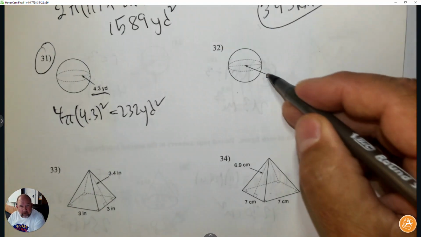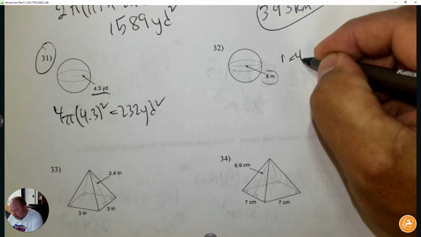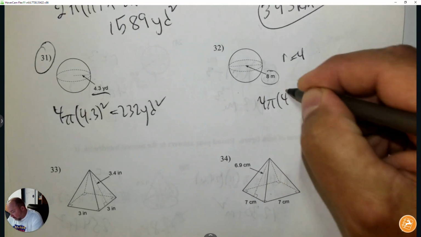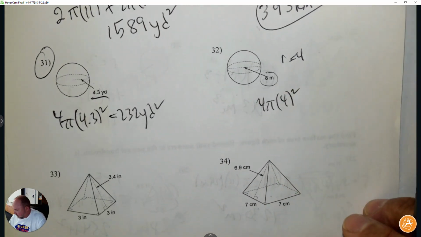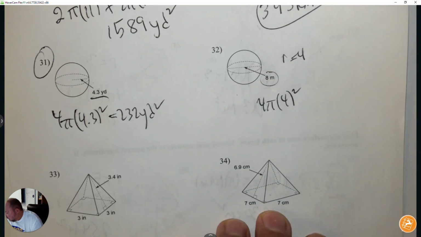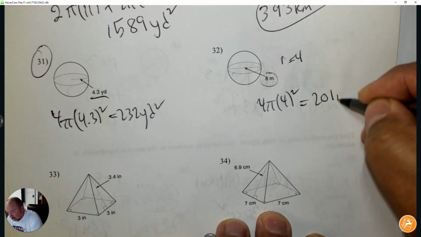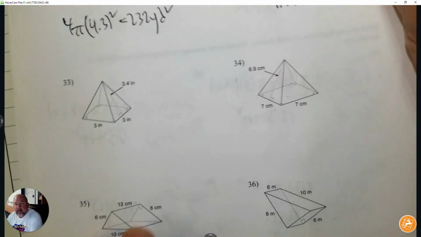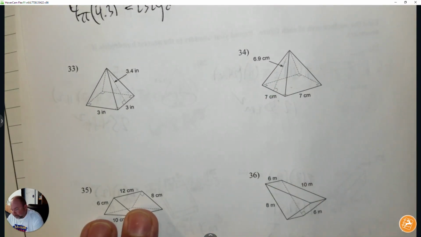Here, it goes all the way across, so the radius is 4. So again, it's 4 pi 4 squared, using the radius. About 201. How about for pyramids?